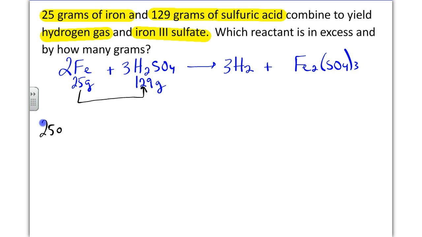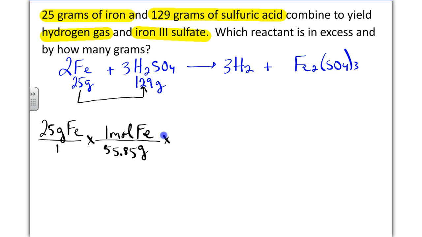So I'll put 25 grams of iron over 1, bring down iron, and we're going to go to a mole of iron. If I want to go to mole, I need the grams from the periodic table, which is 55.85 grams. We're going to bring down mole of iron, and here's where we actually perform stoichiometry, where we'll do a mole to mole ratio from iron to sulfuric acid, and my molar ratio here is 2 moles of iron to 3 moles of sulfuric acid.